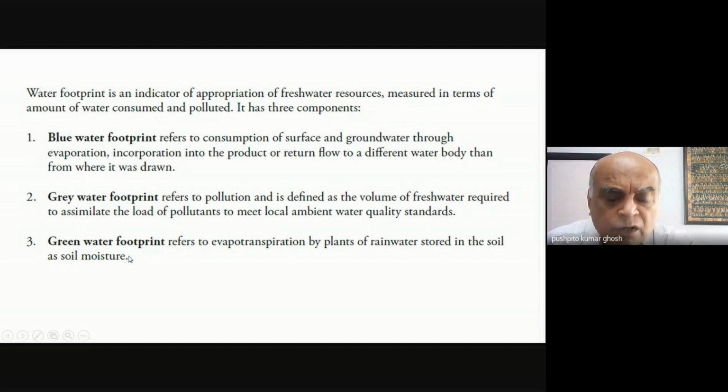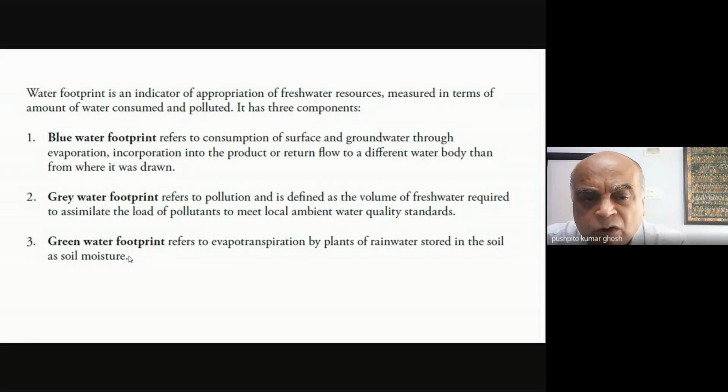The green water footprint, it seems strange. Say you've got a factory and obviously you want to beautify it and plant a lot of trees and things like that. There's nothing wrong with it. That's a good thing. But what we forget is that all these trees actually evapotranspirate. They lose a lot of water from their leaves, which is getting evaporated.